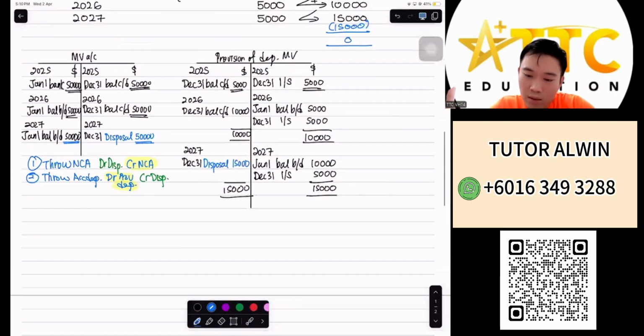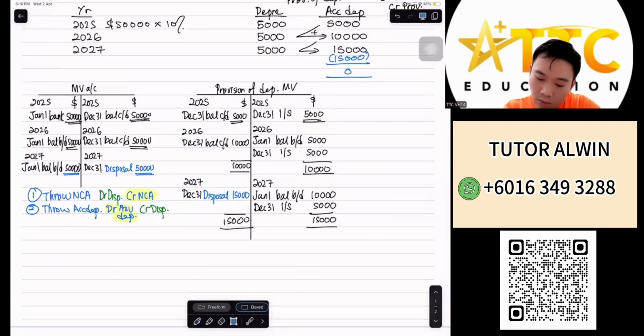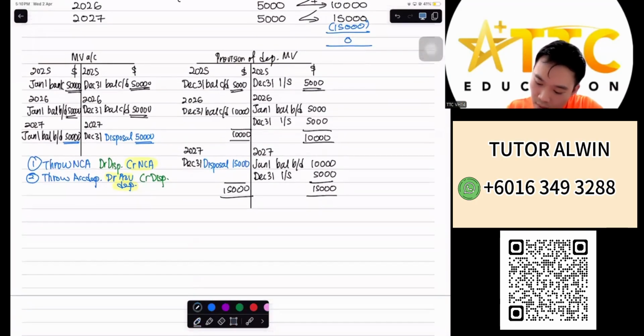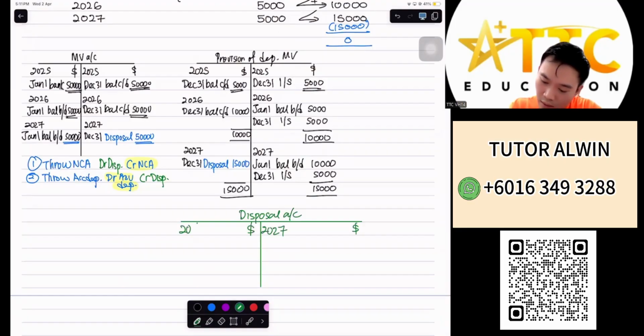Lastly, we will draw up our disposal account. Okay, let's do it here. This is during 2027. Okay, everything is on the 31st December.